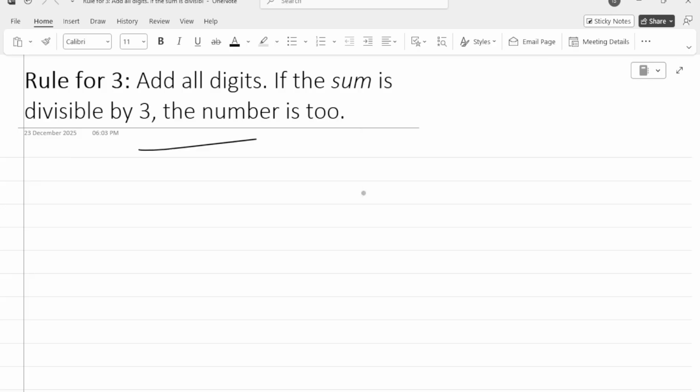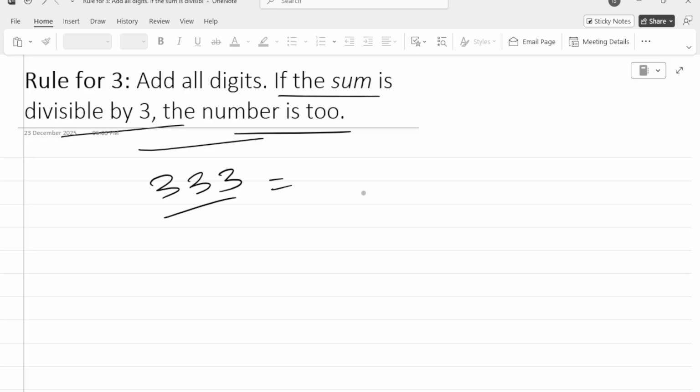Rule for 3. Add all the digits. If the sum is divisible by 3, then the number is divisible by 3. For example, 333. Now add all these digits: 3 plus 3 plus 3 is 9, and we check 3 times 3.